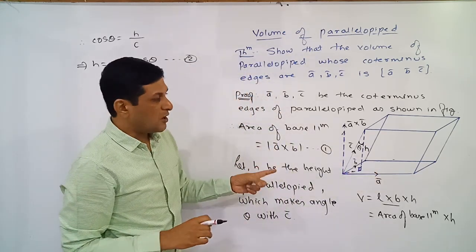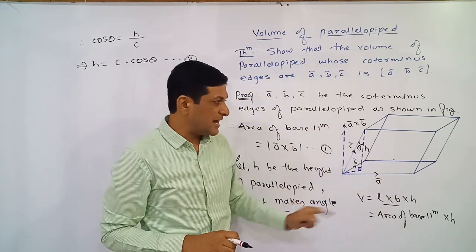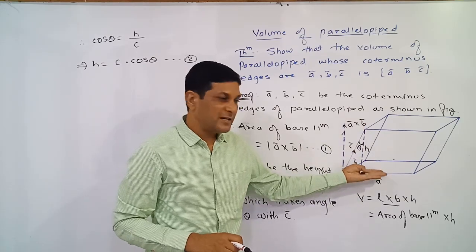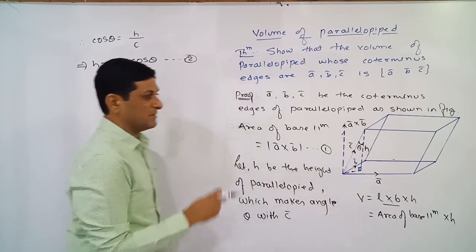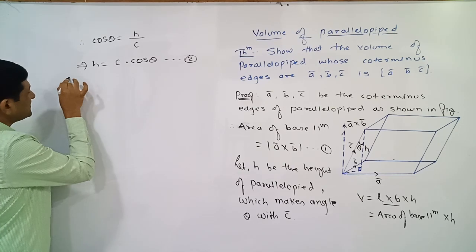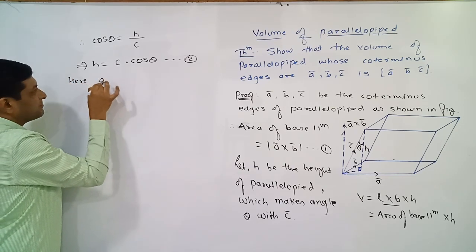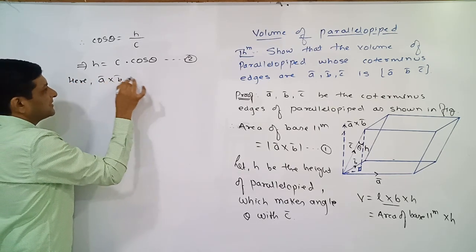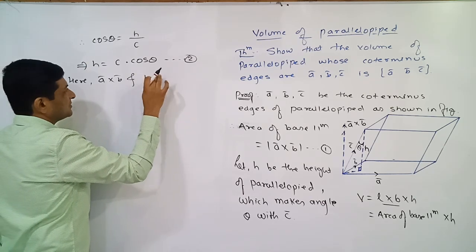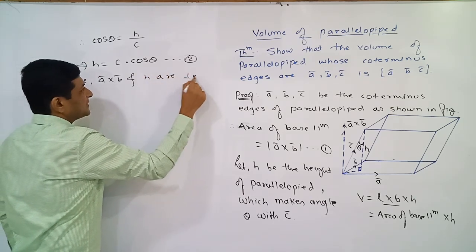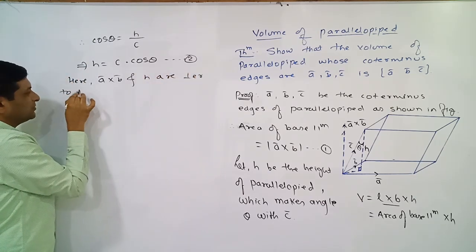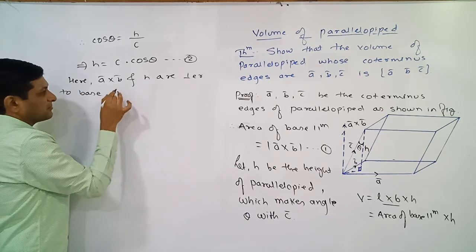So here we can observe that A bar cross B bar and h are both perpendicular to the base parallelogram.